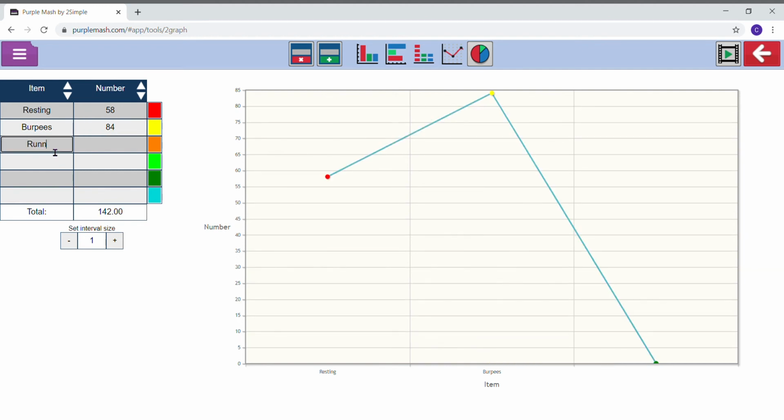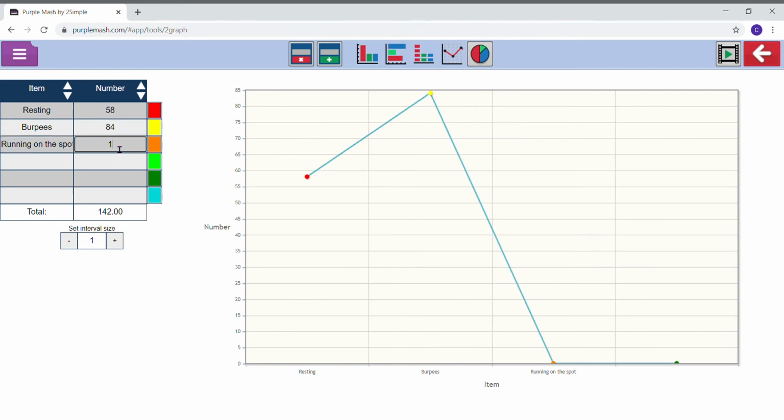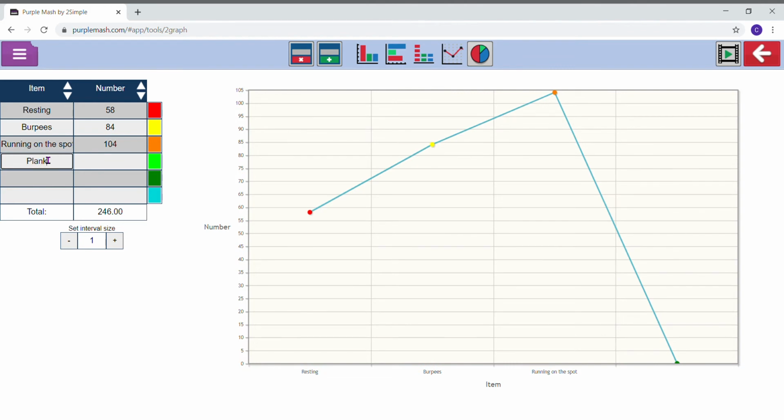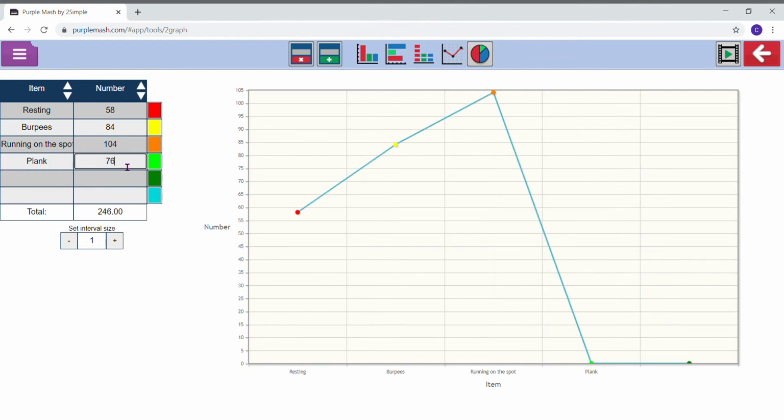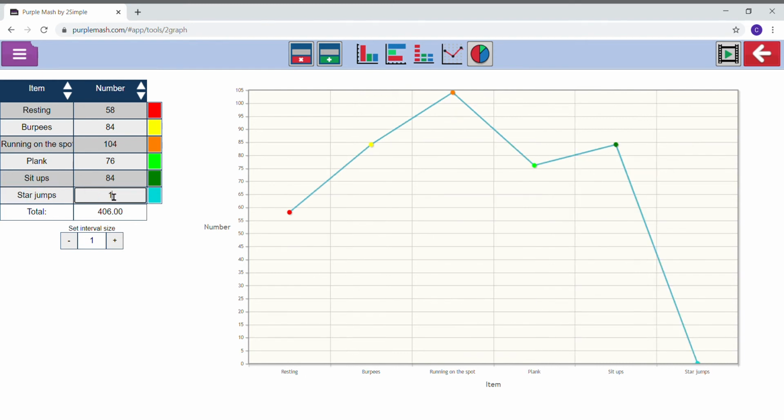Then did running on the spot, and my heart rate was 104. I then did the plank, and my heart rate was 76. Sit-ups, and my heart rate was 84. And then star jumps, and my heart rate was 120.